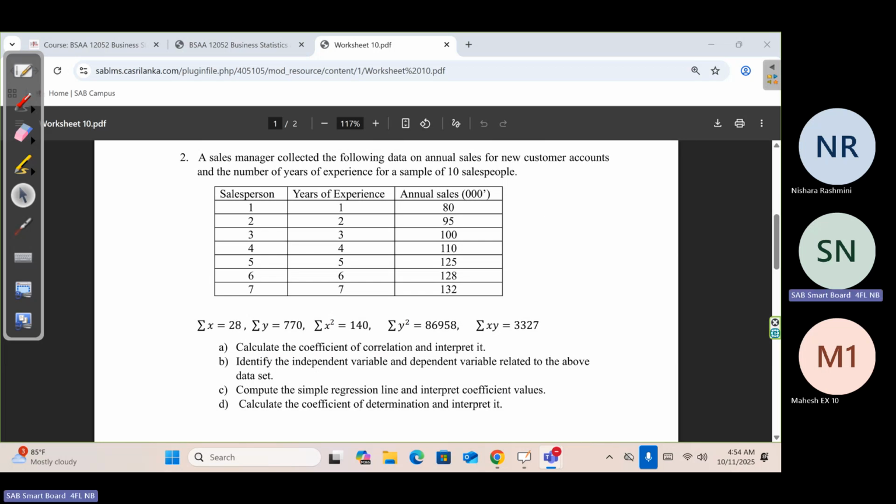Then interpret the answer. 74.72 means what? When the number of years of experience is equal to 0, annual sales revenue is 74.72. Then here, all the values in the data set are in thousands, no? Then what is the initial annual sales revenue? 74,720.